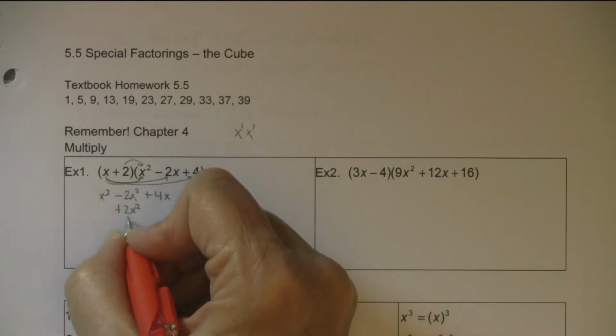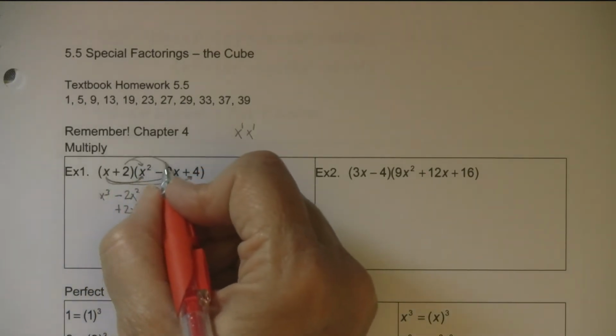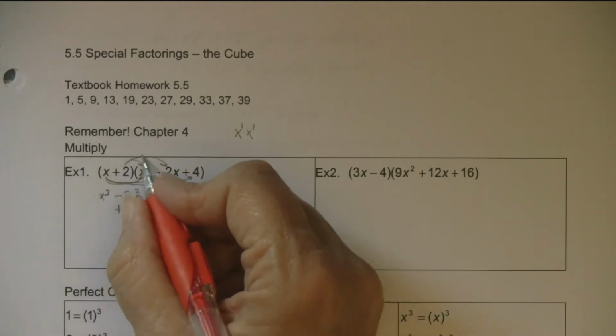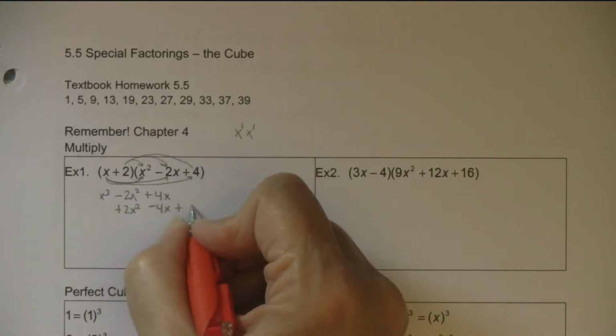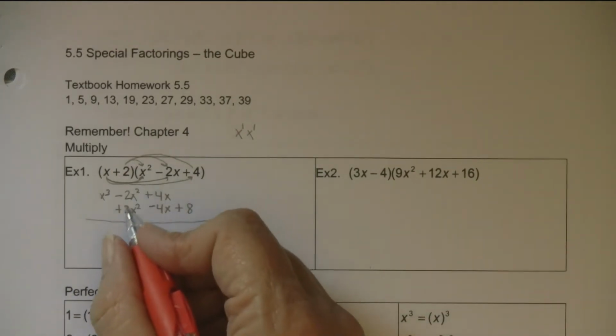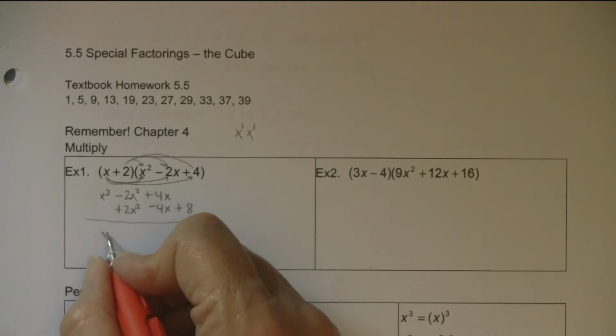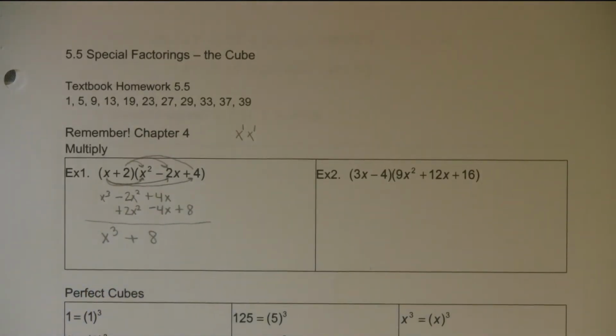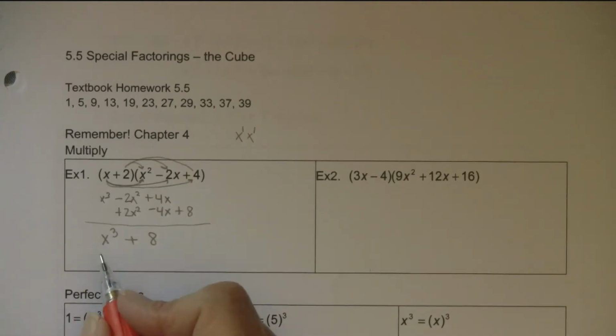So that's why I lined it up, the x squareds together. And here is minus 4x and positive 8. And then when I combine like terms, the middles drop away, and I get x cubed plus 8 is what I get. And this is a special guy.